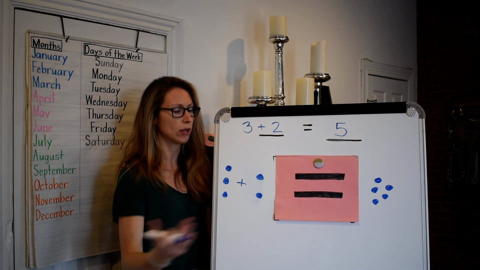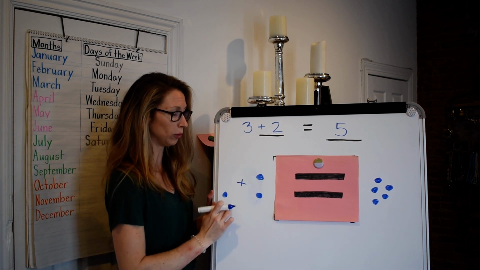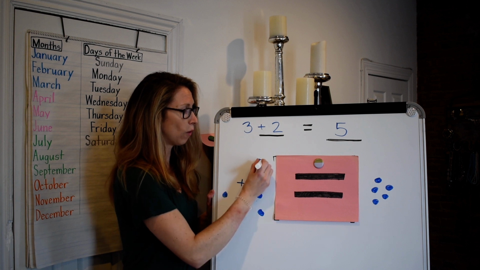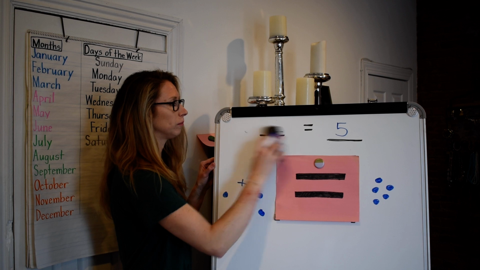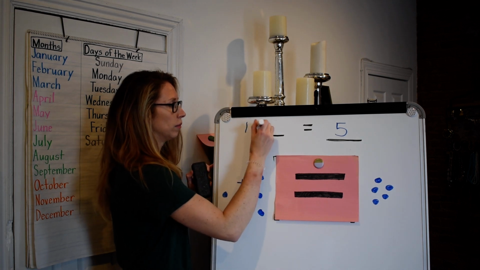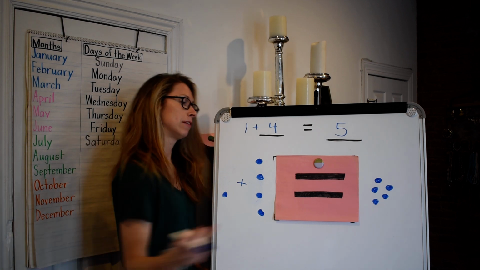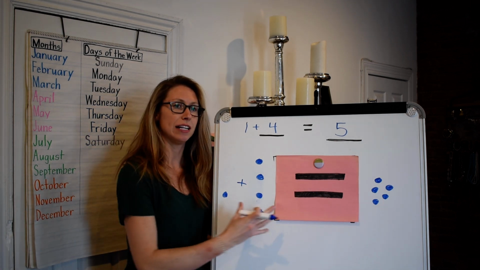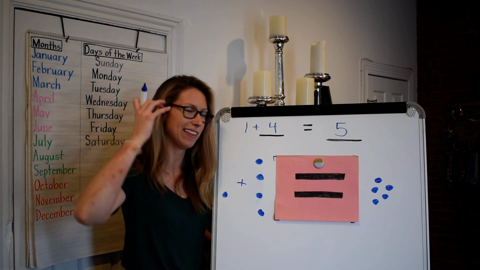So what's another way you could set that up? You could say 1 blueberry plus 4 blueberries equals 5 blueberries. So that would be 1 plus 4 equals 5 blueberries. So that equal sign is a symbol saying that everything on this side is equal to everything on this side. Got it? Lock that in there.